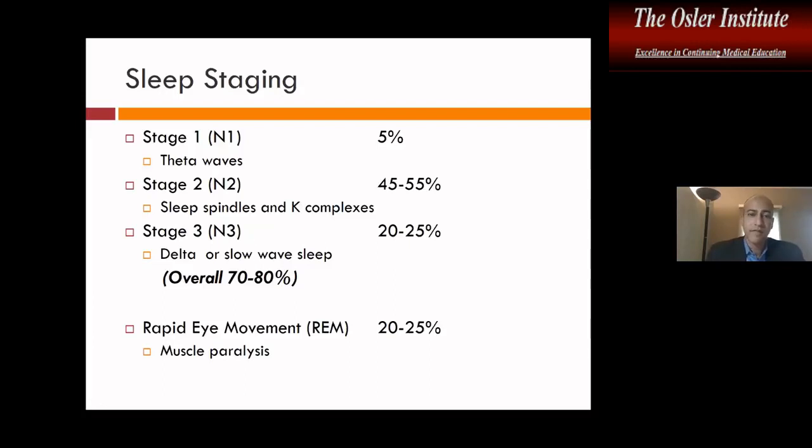That's associated with alpha waves, maybe after a long day, right before you hit your head on the pillow. Before you fall into stage 1 sleep, you have alpha waves, which can be picked up, and that's known as relaxed wakefulness. Then we go into stage 1, which is associated with theta waves, stage 2, which is associated with sleep spindles and K complexes, stage 3, delta or slow wave sleep, and then we drop into REM sleep.